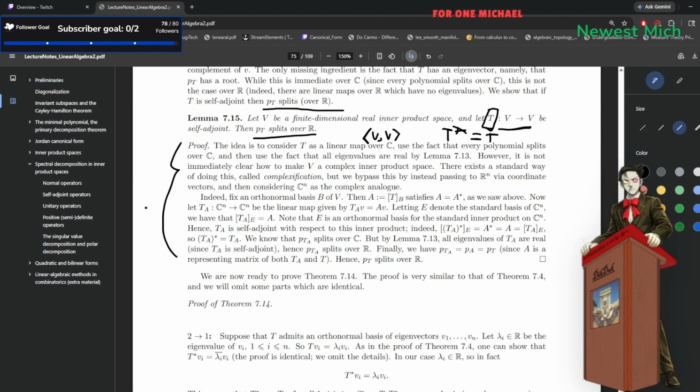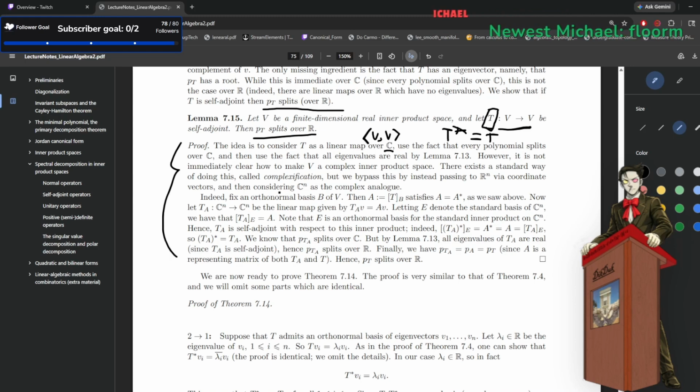The idea is to consider T as a linear map over the complex numbers. Use the fact that every polynomial splits over the complex numbers, and then use the fact that all eigenvalues are real by lemma 7.13. However, it is not immediately clear how to make V a complex inner product space.